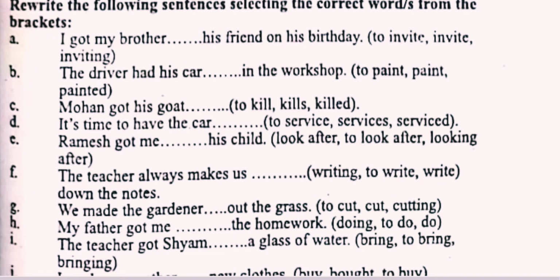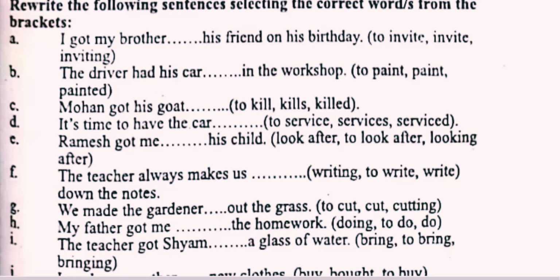So Mohan got his goat killed, according to the first structure. See here, number D, it's time to have the car serviced. How? Have is used here. The car is the object, not the doer of the action. So serviced.